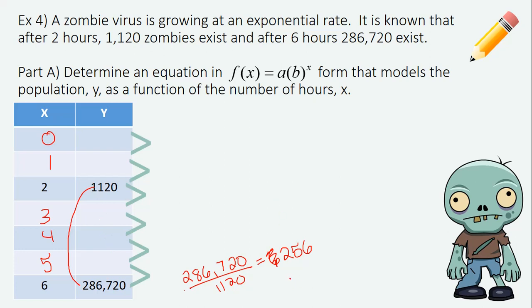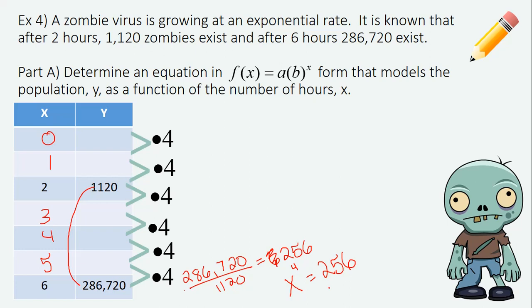So I'm going to ask myself, something to the power of 4 has to give me 256. Now, gold card, the card that you have, check to see somewhere in your 4th power column there should be the value of 256. 4, right? Value of 4 to the 4th is 256. So that means I am multiplying by 4 each time.